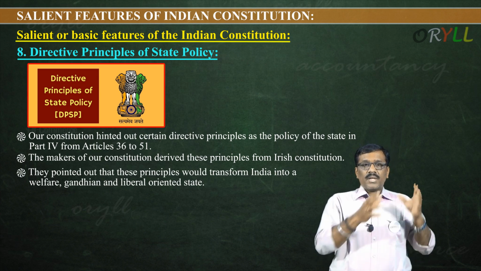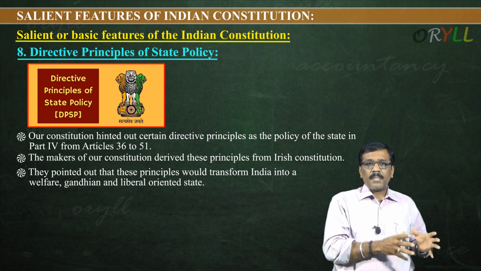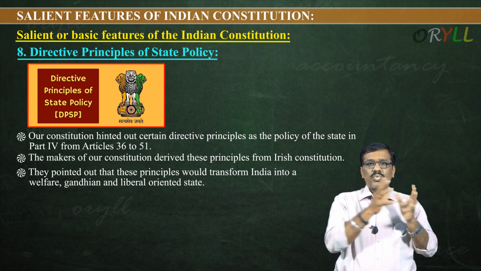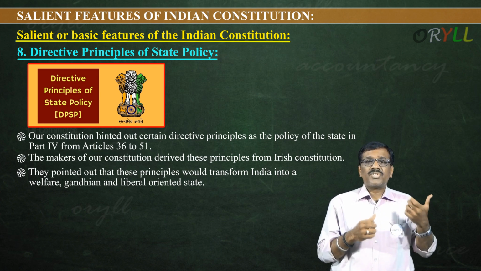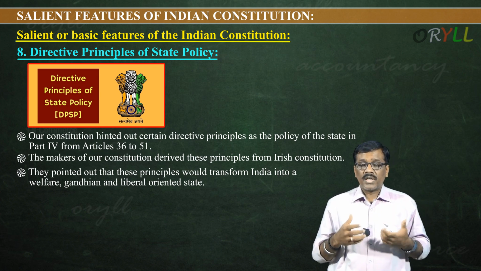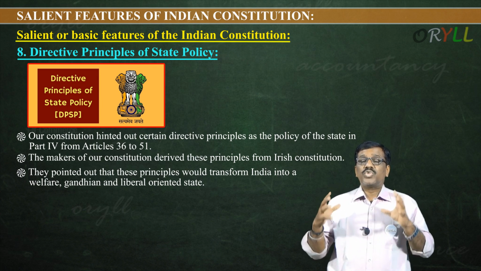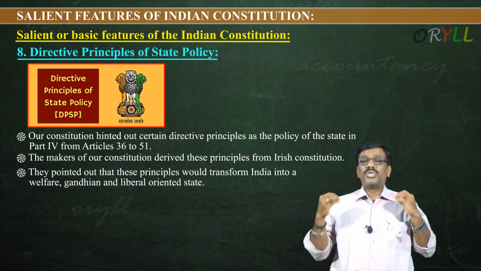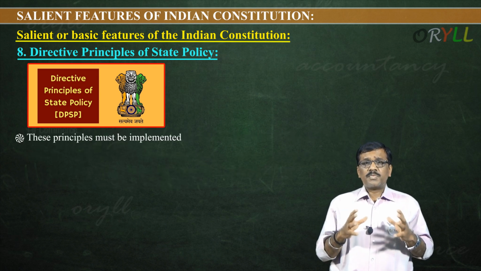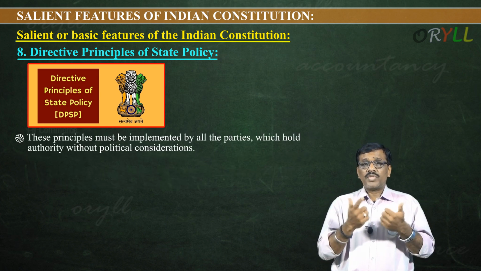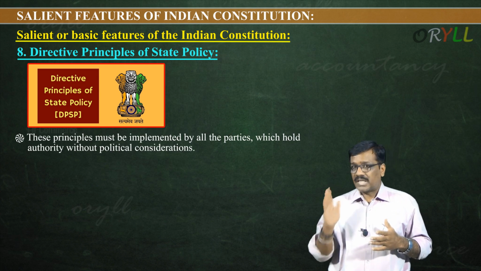See, there are certain principles mentioned in Articles 36 to 51 which ensure a welfare state, a Gandhian and liberal oriented state, describing how the government should behave and what it should deliver to the public. Understand? So these principles must be implemented by all parties which hold authority, without political considerations.